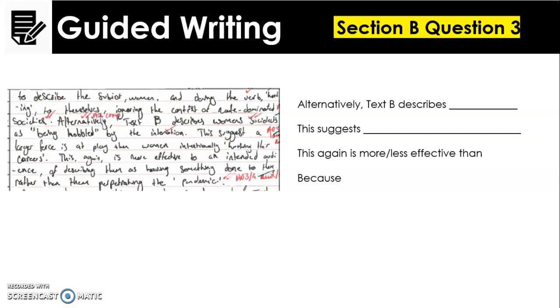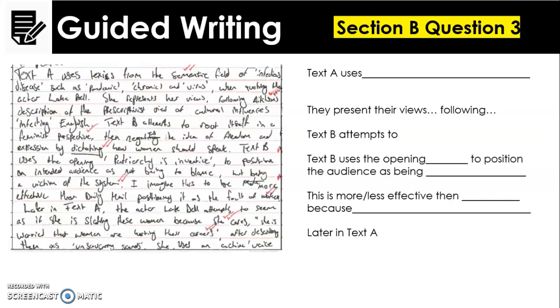Alternatively, so there's our comparative link. Text B describes women's sociolects as being hobbled by the intonation. This suggests a larger force at play than women's tonality hurting their careers. This again is more effective, so there's your consistent evaluation to an intended audience.